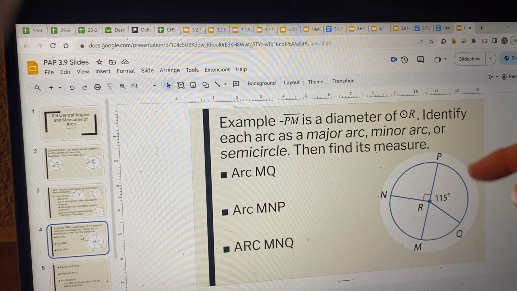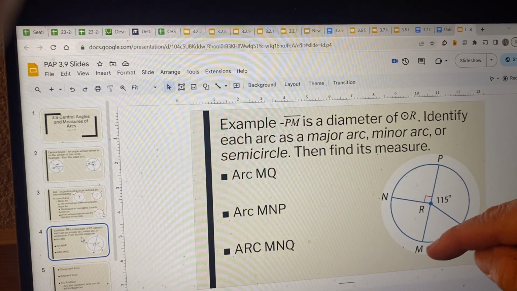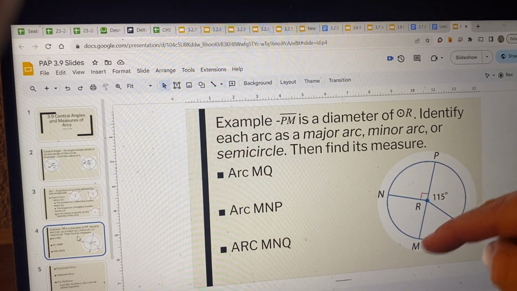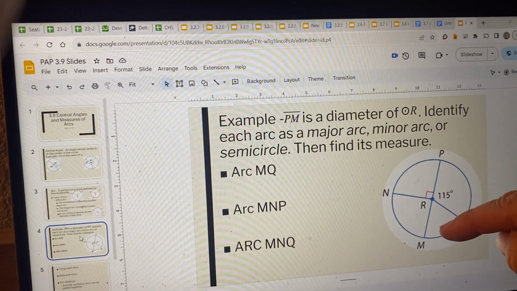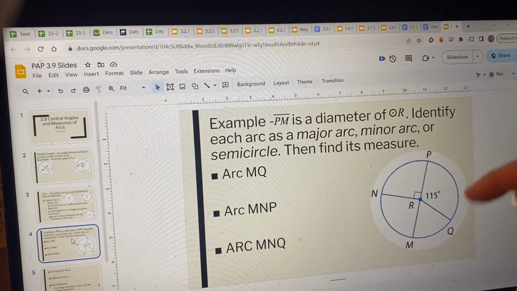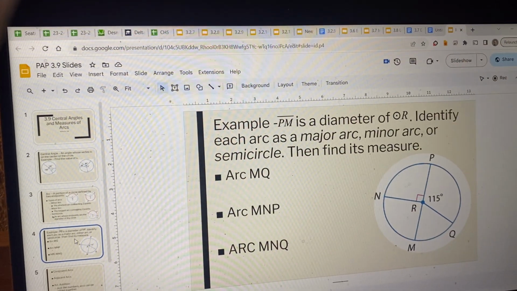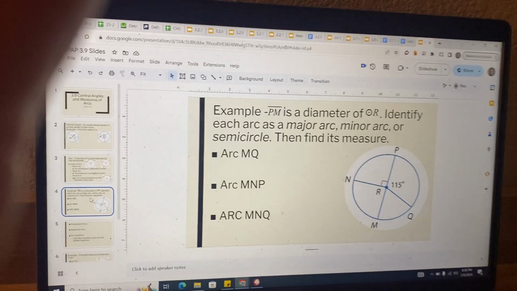So that's 180. And arc MNQ indicates we have a major arc. We're going all the way around here. So if we decided arc MQ was 65, arc MNQ is going to be the entire rest of the 360 degrees, which should be 295 degrees there.